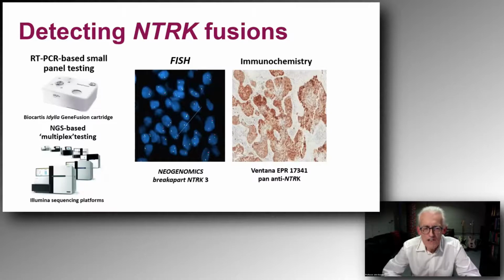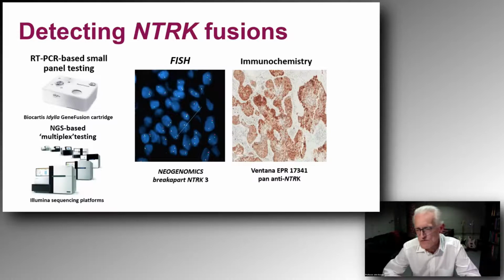So if we're looking specifically for NTRK fusions, what can we do? Well, it's interesting that the modular systems like the Idylla system are now beginning to move into what they call panel testing. They're developing cartridges, like the one shown here, in which you can detect a group of abnormalities at the same time.